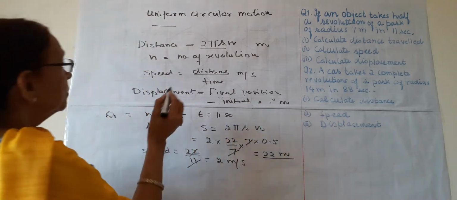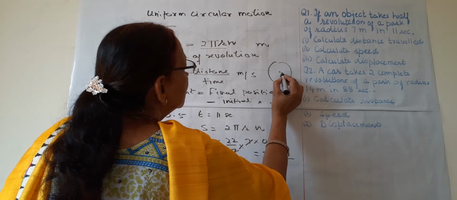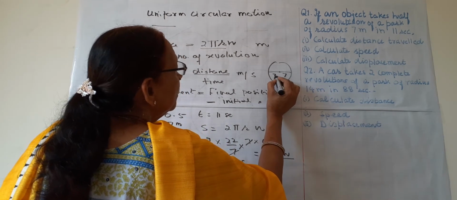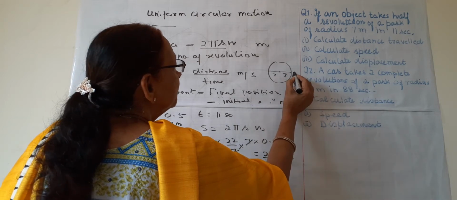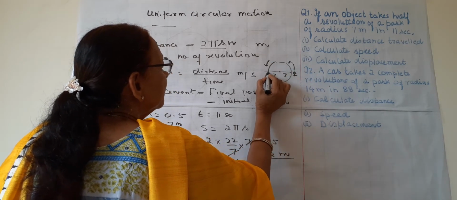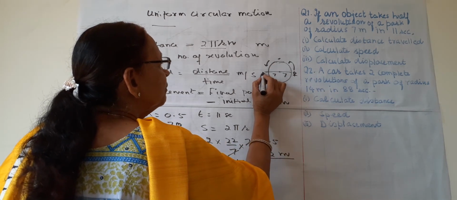Suppose this is a circle, this is 7 radius, so diameter will be 14. The person is revolving like this and he has taken only half a turn.